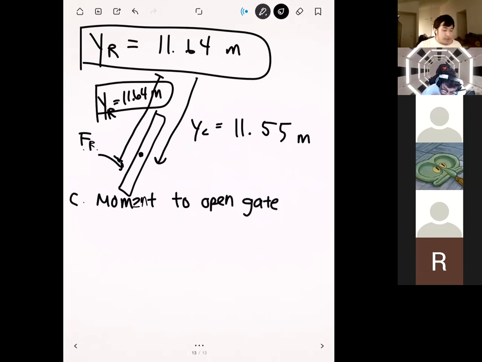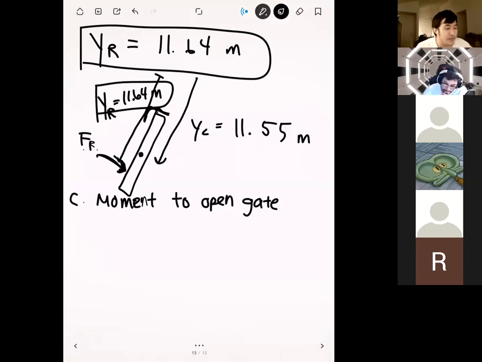Okay. And so the last thing that we're going to compute in this problem is the moment that's required to open the gate. And so remember from the problem before, we had a stopper right here. And so what the stopper is doing is basically, because this resultant force is pushing on something that's below the hinge, it's forcing the gate to try to rotate counterclockwise. Okay.